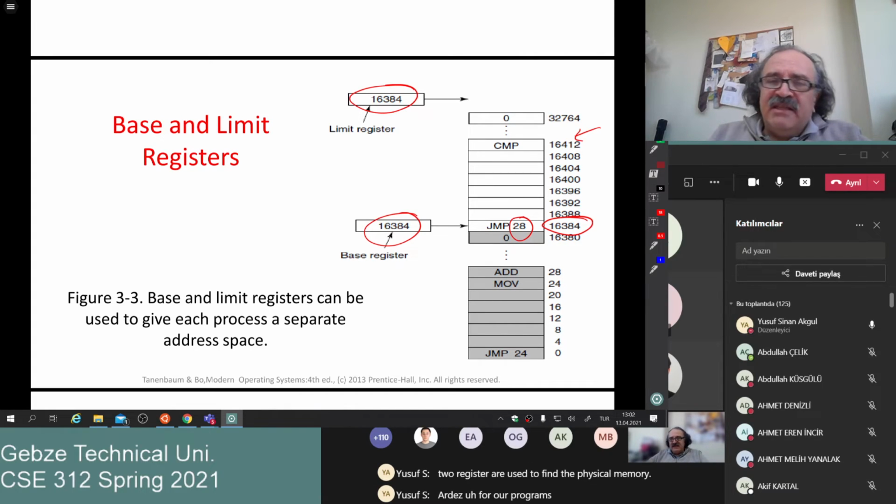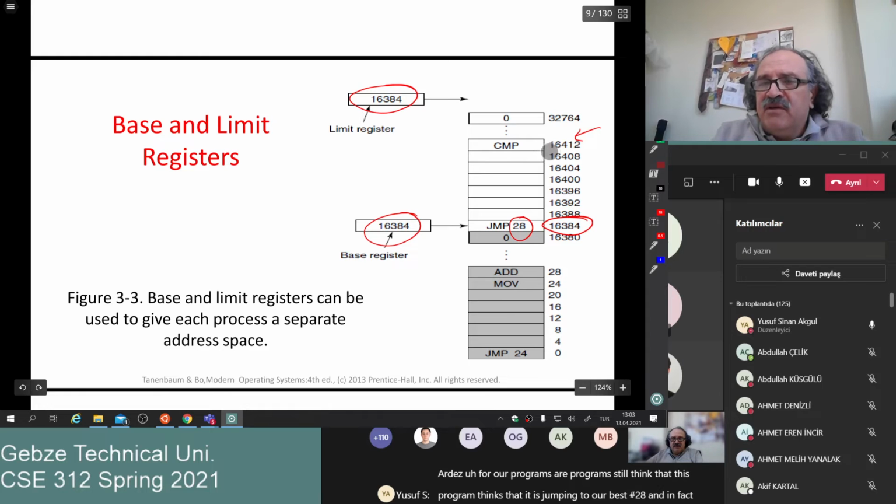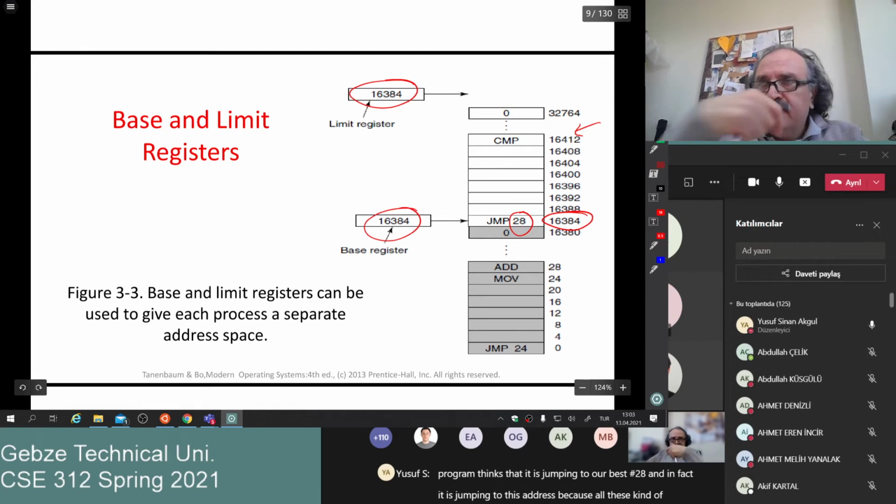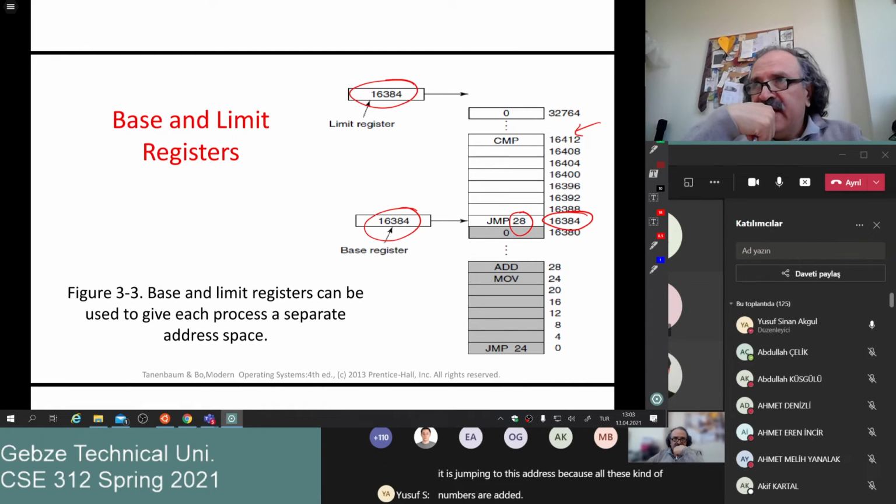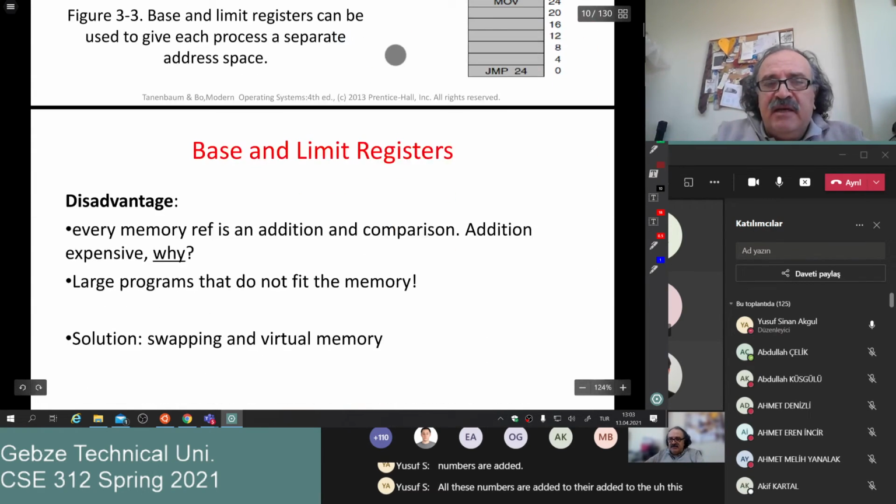This program still thinks that it is jumping to address number 28, and in fact it is jumping to this address because all these numbers are added to these kinds of absolute addresses.